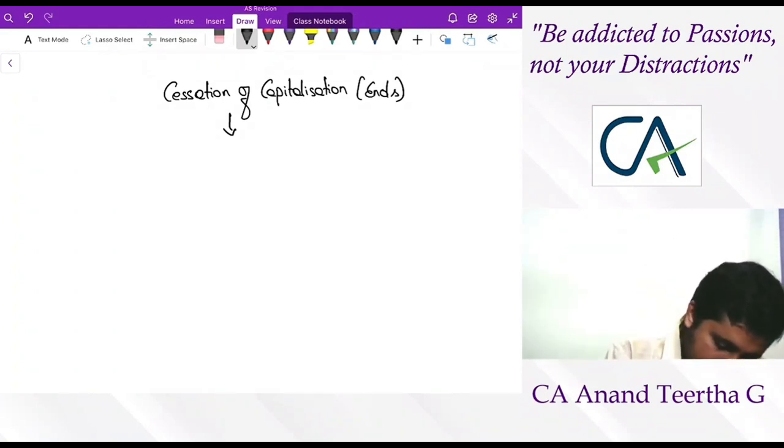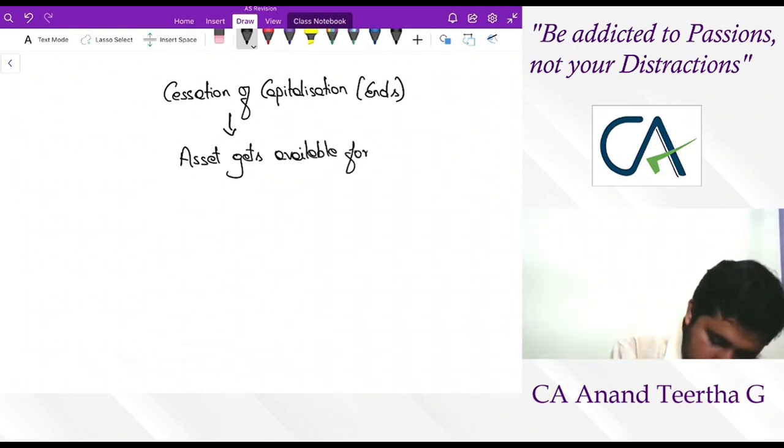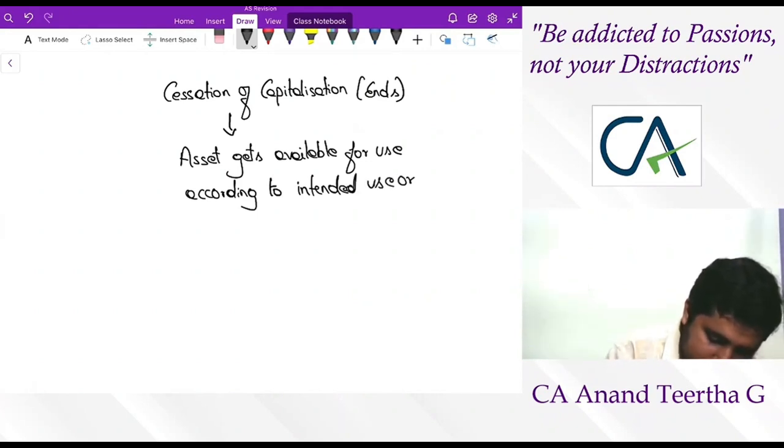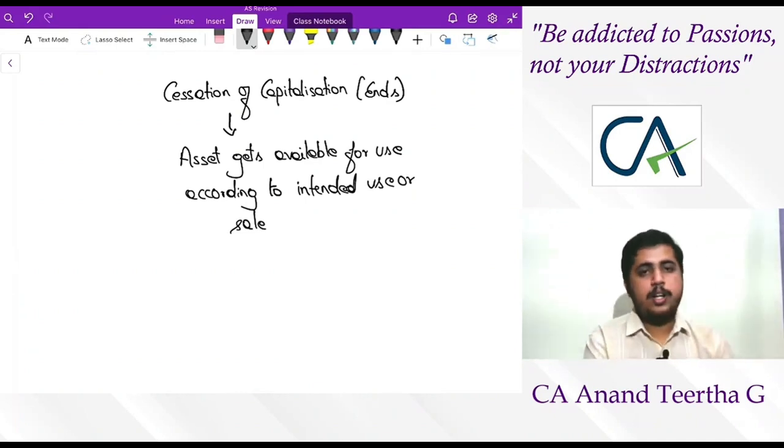For that, we say, when the asset gets available for use according to intended use or sale. So whatever intended use or sale was there, if at all the asset comes to that level, if it is available for use, then stop capitalizing the borrowing cost.